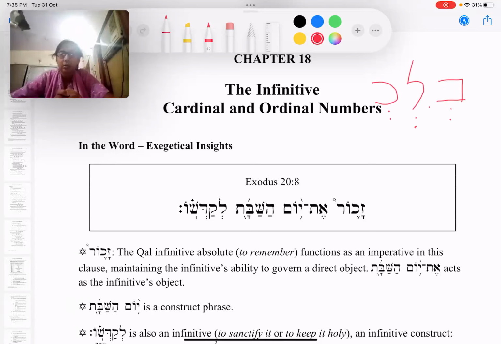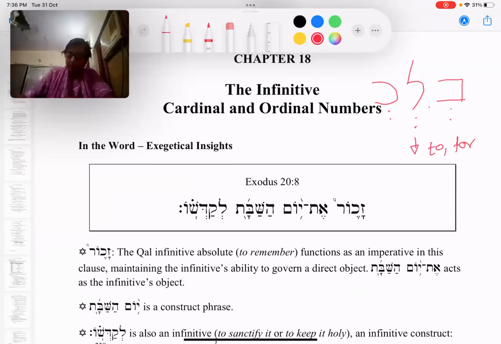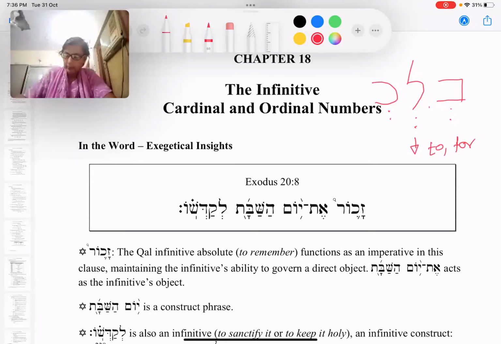So these are the 3 inseparable prepositions. So we are going to see today infinitive. Lamed is the preposition which is used for 'to' or 'for'. Okay, lamed is used for 'to' or 'for'.